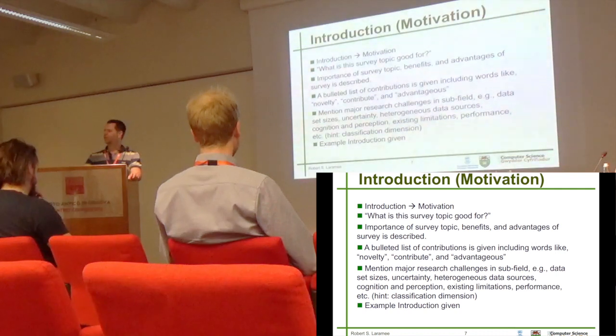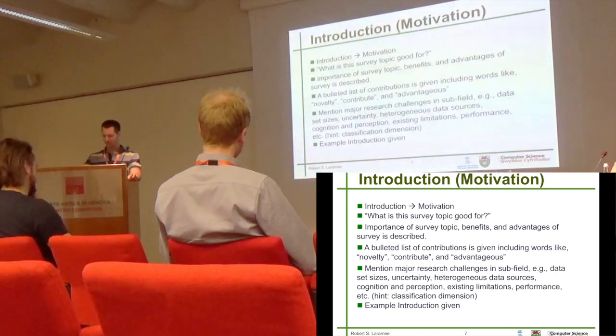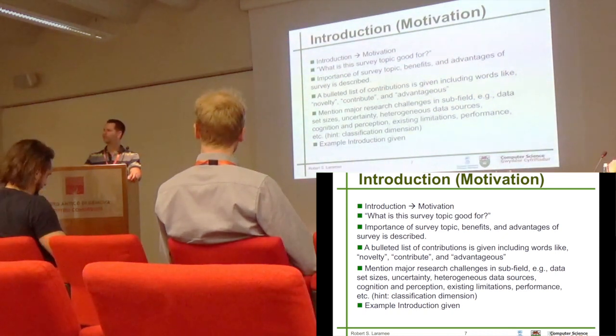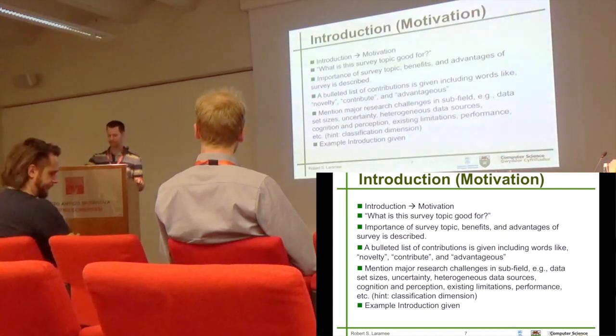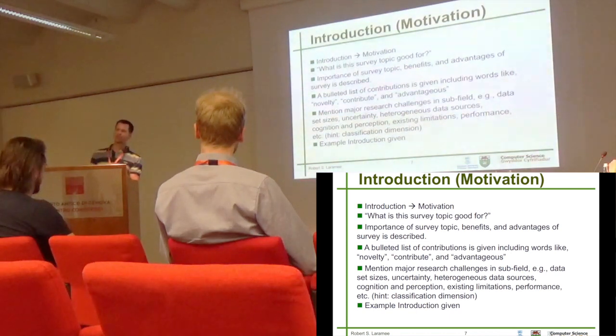And as a forward-looking hint, these challenges can be used as a classification dimension. So we'll talk about classification dimensions later on. But it helps also give the paper a nice thread, so to speak, a nice connection through the different sections. And we provide an example introduction in the survey itself that tries to follow its own guidelines, so to speak.